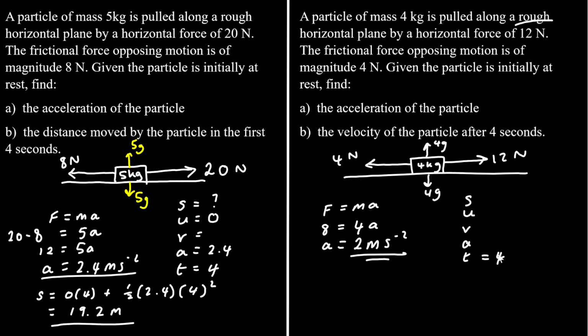So time is 4, acceleration is 2, initially it was at rest, and we want to know the velocity. So the equation linking v, u, a and t is v equals u plus at. So it's 0 plus 2 times 4, so it's 8 meters per second.